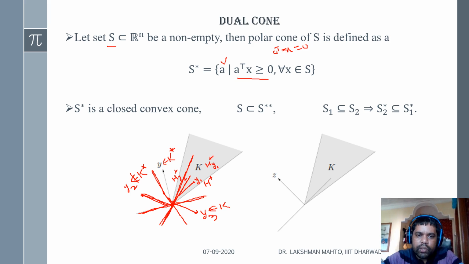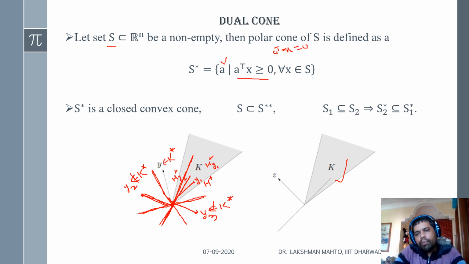Again, we can say that y3 is not in the dual of K. Why? Because the associated hyperplane has a few points of K in the positive half space and a few points in the negative half space. That's why y3 doesn't belong to K star, that means dual of K.